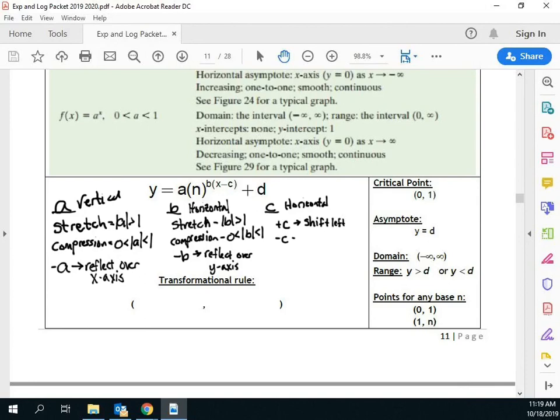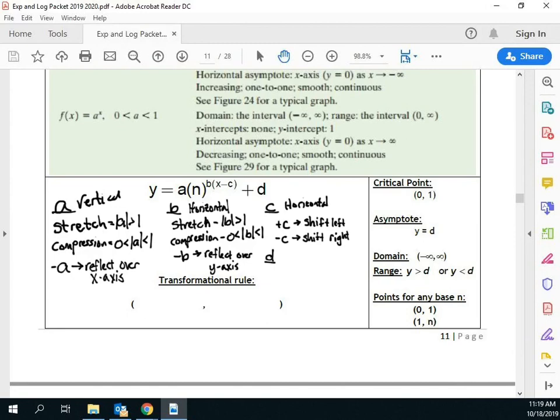If it's minus C, shift right. And that's it. That is all you have for C, is shifting left or right. That's all. It doesn't do anything else.